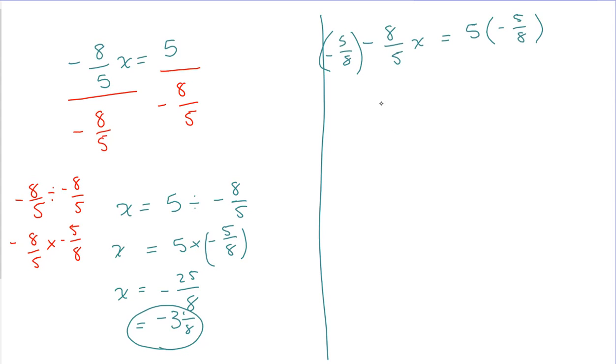Okay, we're left with x here. And over here, we multiply out -25 over 8, same thing, x equals -3 and 1/8. Okay, so all you need to do when you have a fraction and a variable is multiply by the reciprocal.